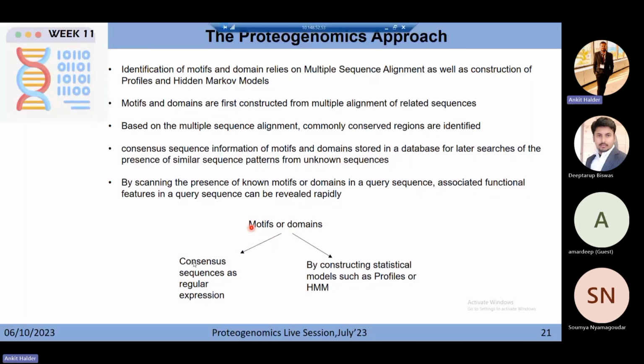Motifs have consensus sequences as regular expressions, whereas for domains we construct statistical models such as profiles or hidden Markov models. These are the different statistical models that you can take forward while understanding the domains.